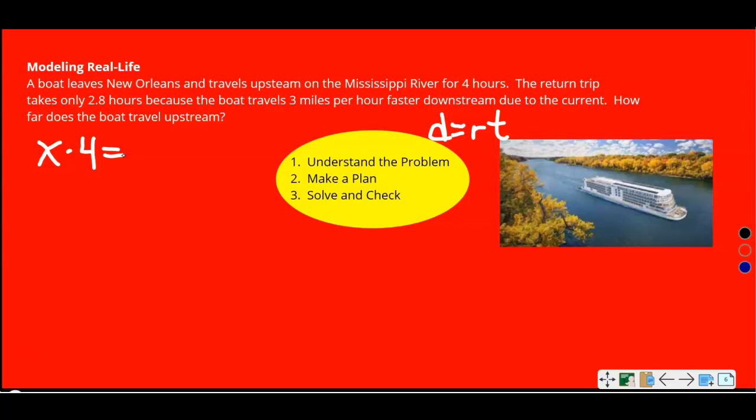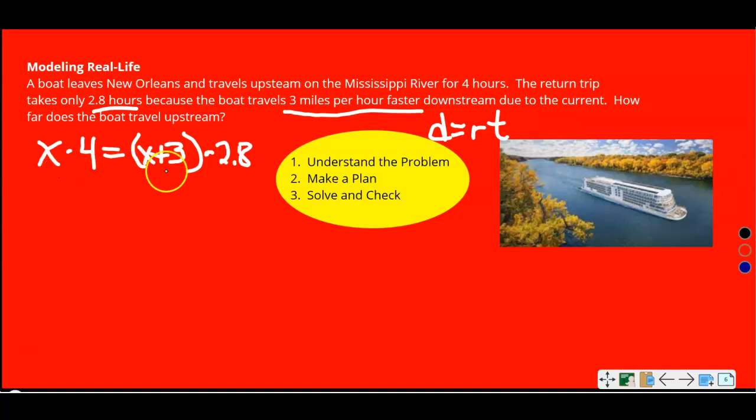On the return trip, it only takes 2.8 hours because the boat travels 3 miles per hour faster. So the boat travels 3 miles per hour faster, but the time it takes is 2.8 hours, so it takes less time. What we did was set up the distance upstream equal to the distance downstream, and then we can solve.